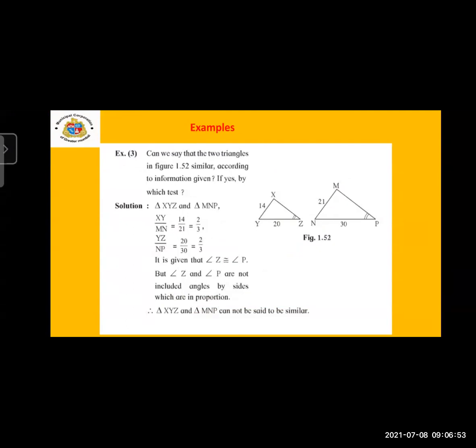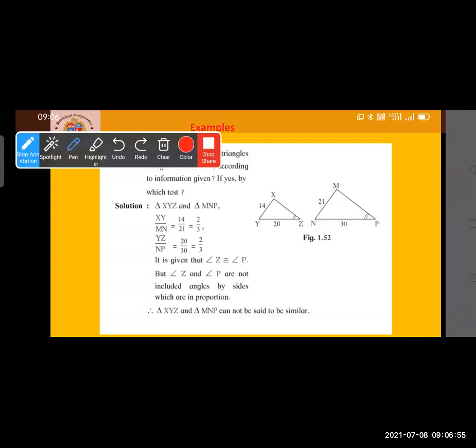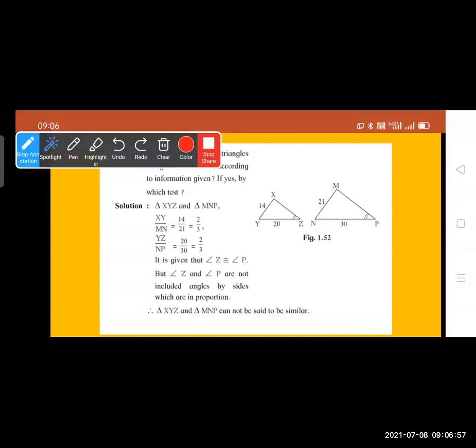First we write the solution. In triangle XYZ and triangle MNP, you find their corresponding ratios, that is XY by MN. XY is 14, MN is 21.